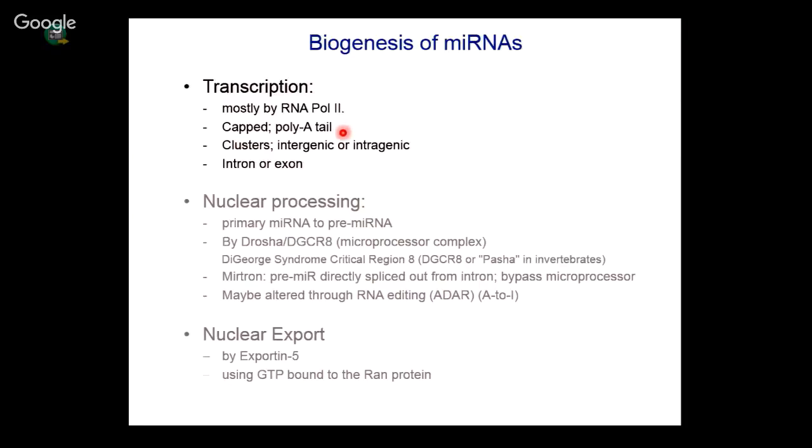It will be expressed as a cluster, meaning that one transcript includes multiple microRNAs for the following processing, and it will localize in the intergenic or intragenic regions of the genome. Or it can originate from the intron or exon of protein-coding genes or non-coding RNAs.